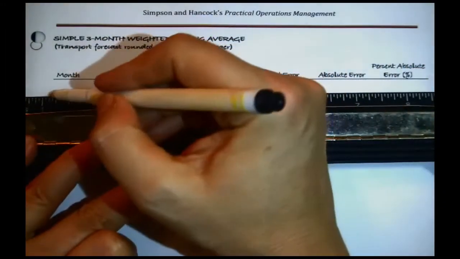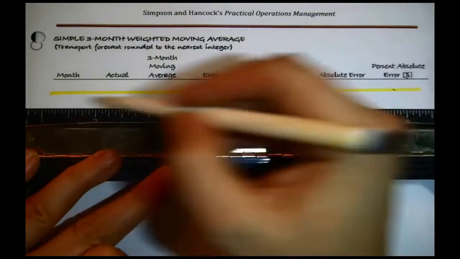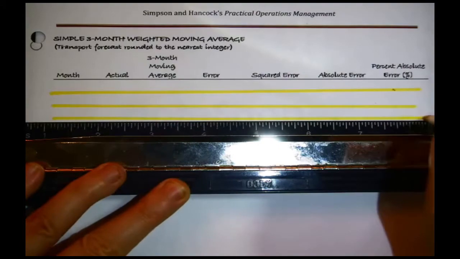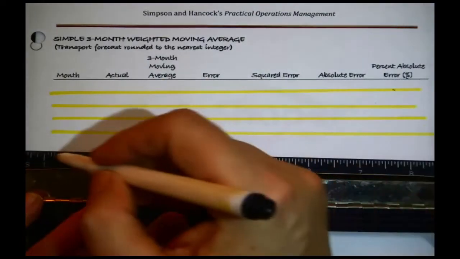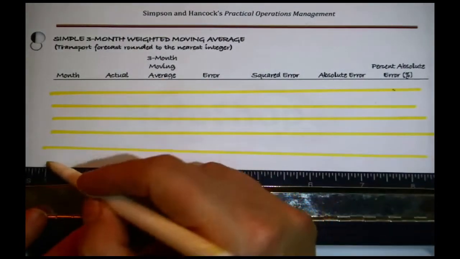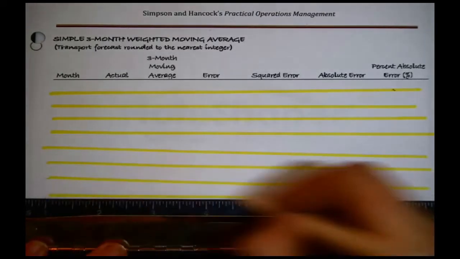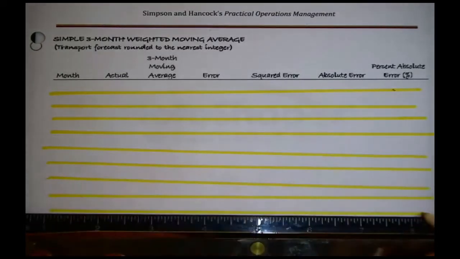Because first off, 1, 2, 3, 4, 5, 6, 7, 8, 9. I've got to set up all 9 months again.